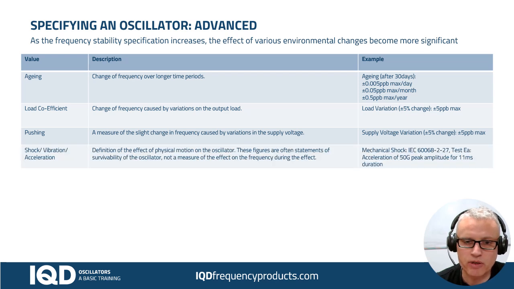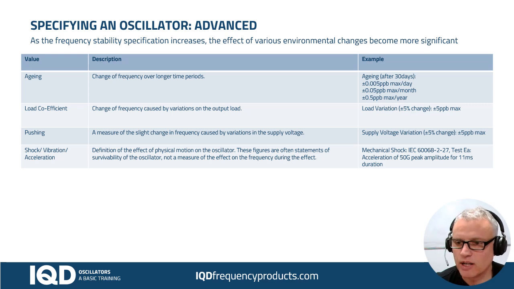Then we have shock, vibration, acceleration, and all the other environmental stresses that components have to survive. And we might well put on the data sheet something like mechanical shock as per IEC 68068 test 2227.